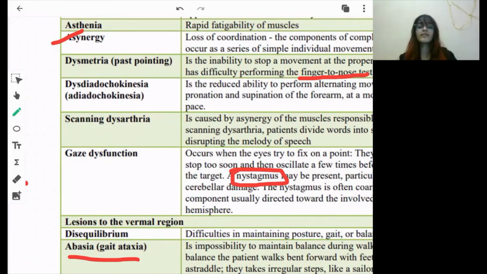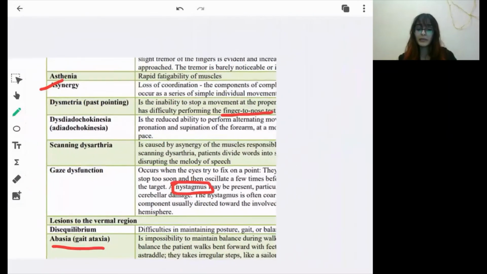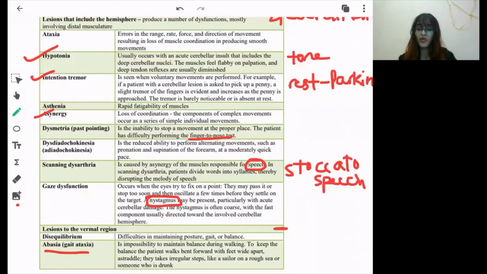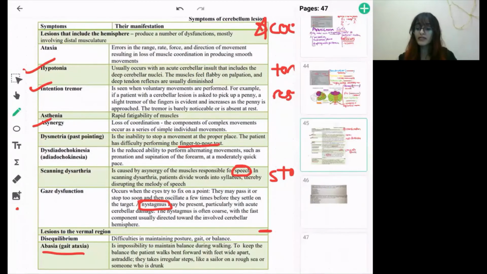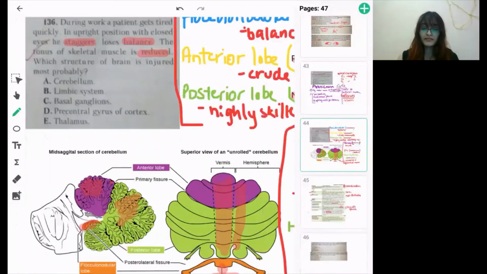So if the cerebellum is damaged, the nystagmus can be seen. So that was a quick review about the functions of the cerebellum and the symptoms which are seen in the cerebellum injury. So let's go back to that question.